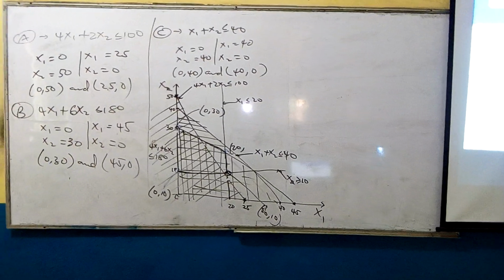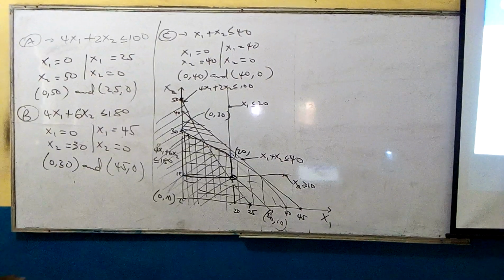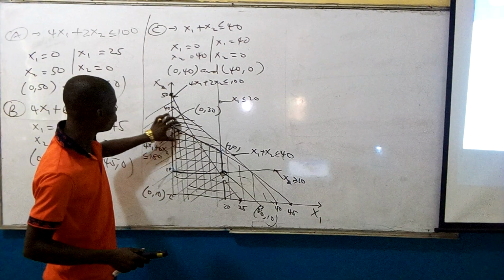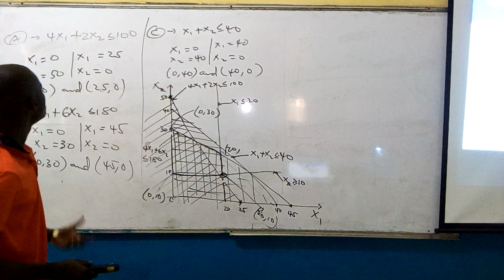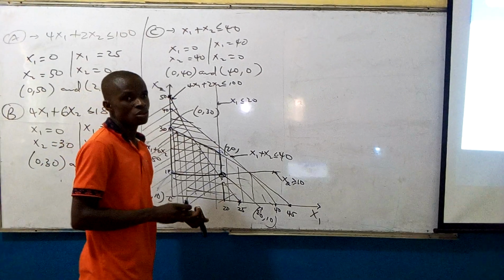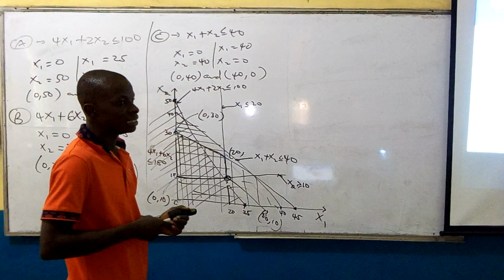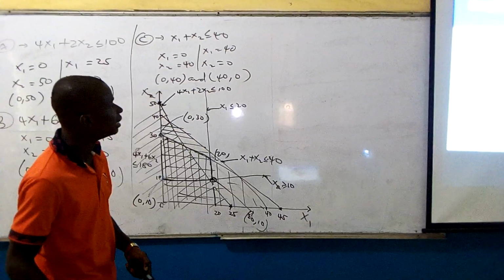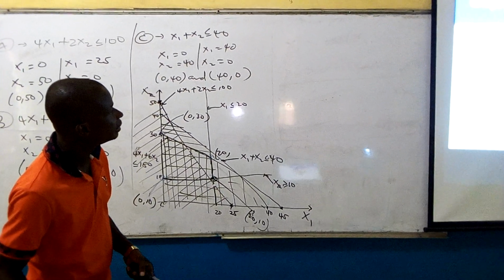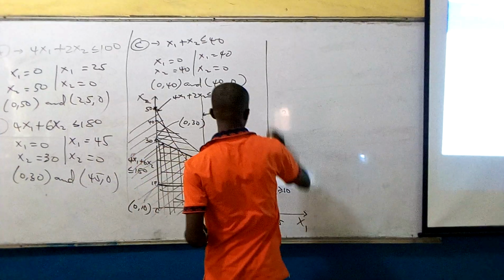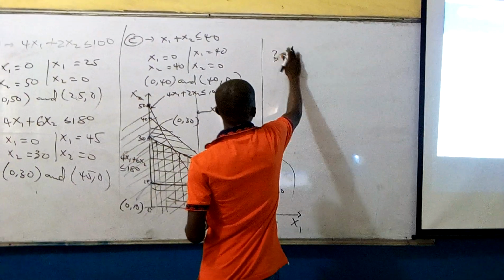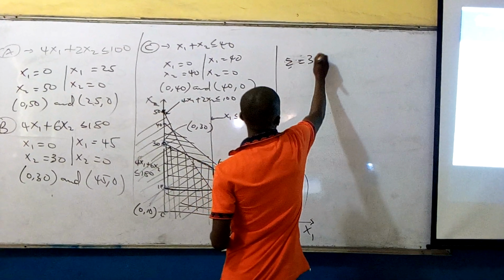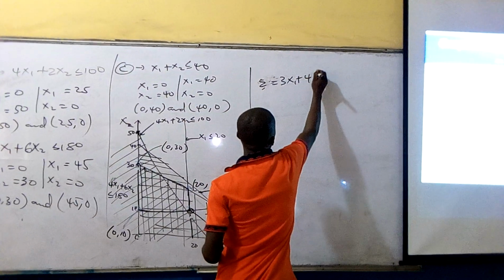Now, this is what happens. After getting the points, the vertices, you substitute the vertices into our function, right? The objective function was given to us as z equals 3x1 plus 4x2.